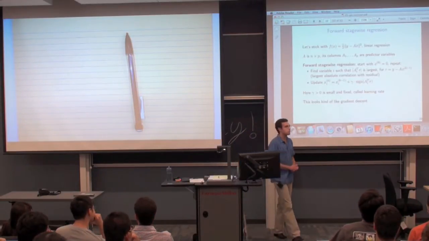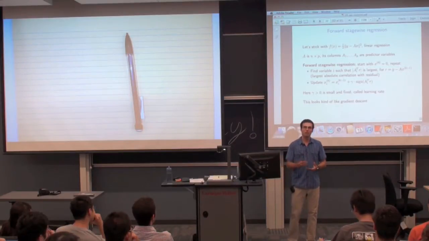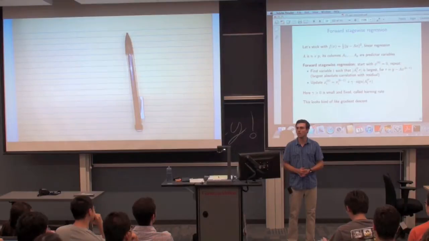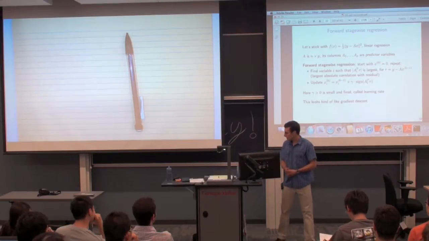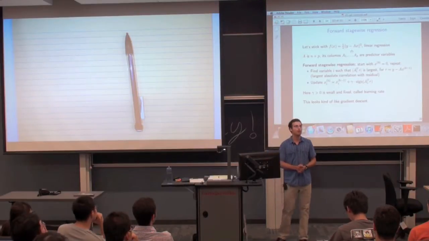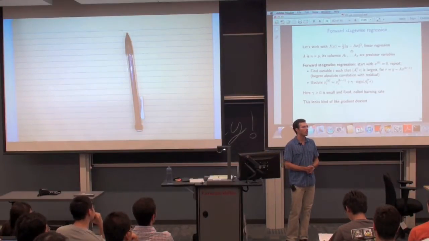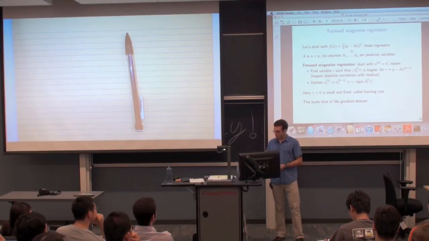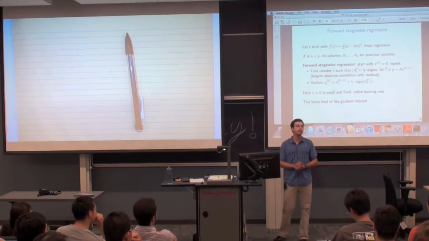One more thing we saw, which I went over quickly at the end, I want to reiterate because it's going to come up on your homework, and also it's an interesting point. If we're looking at linear regression, so that would be our f up there, we can do this thing called forward stagewise, which is a statistical procedure that's pretty natural, where we start with the coefficient vector being 0 as our guess.